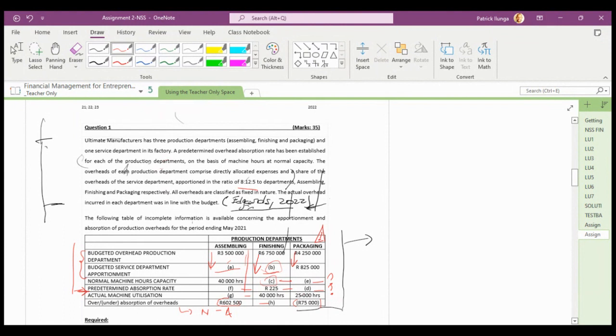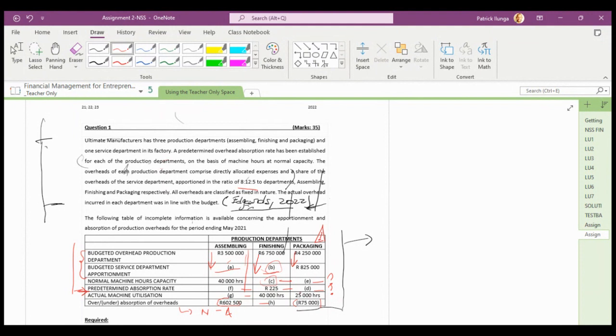And if you look at that particular example and the solution, which is at the end of your textbook, you will be able to find your way here. So very easy question. I think that for assembling and finishing, that will be pretty easy. The only thing that I think you would have a bit of an issue with will be the packaging, because the packaging will be a bit tricky.